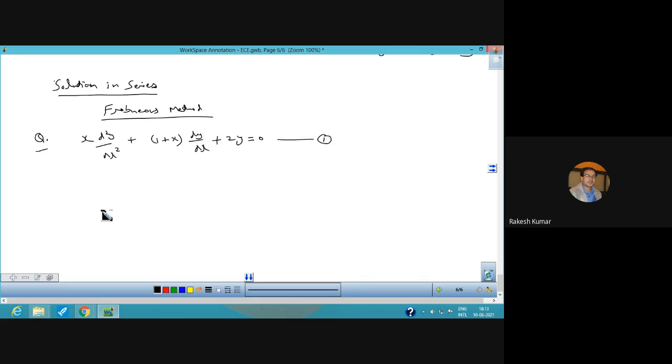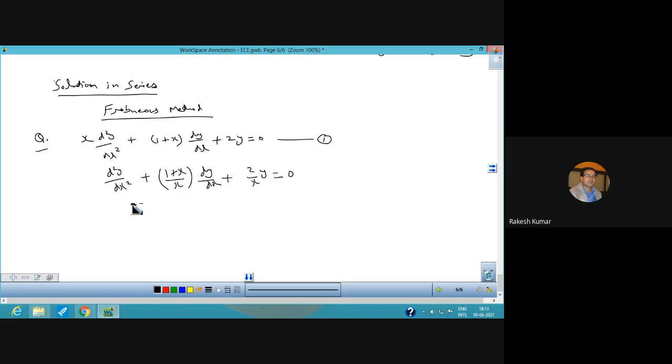So first of all, write down the equation like this: d square y by dx square plus (1 plus x) upon x dy by dx plus 2 upon x into y is equal to 0. Compare it with the standard differential equation.